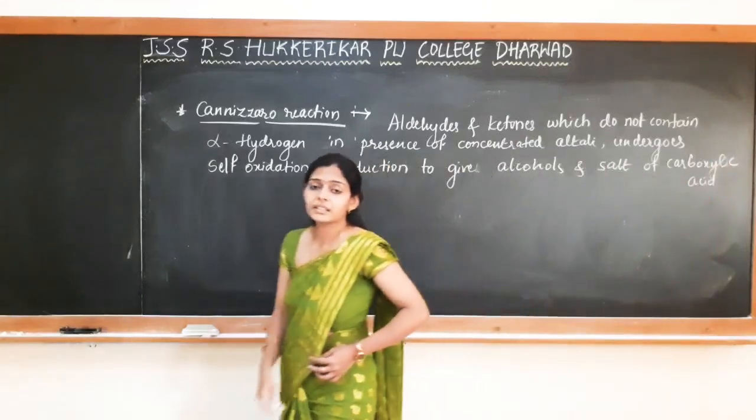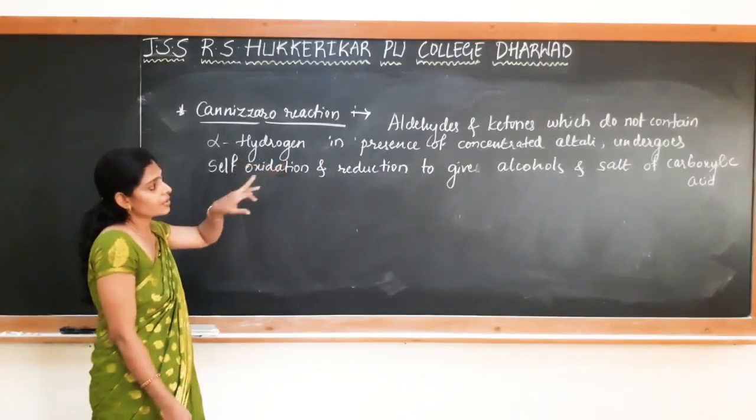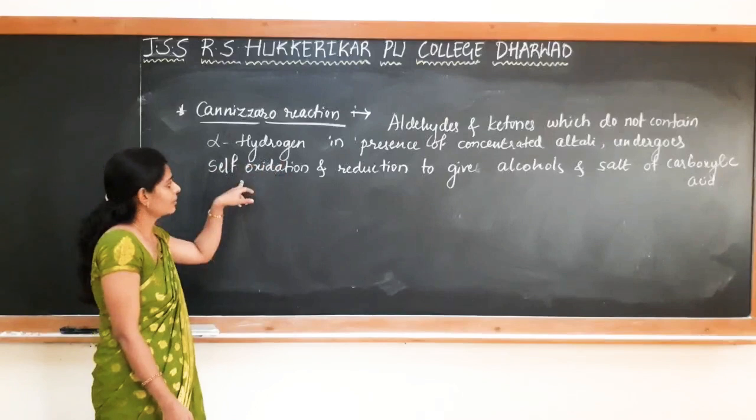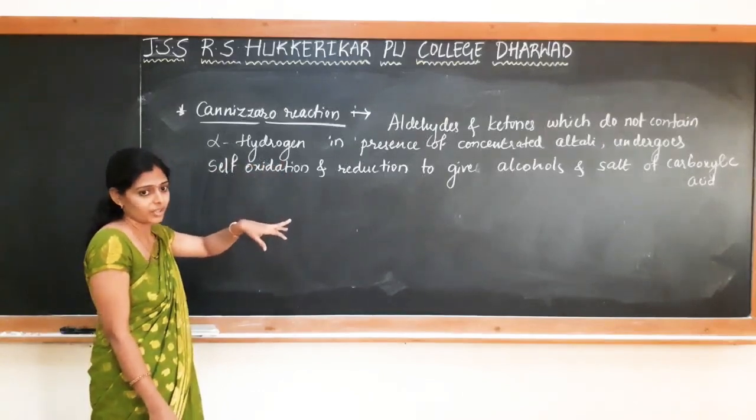So aldehydes and ketones which do not have alpha hydrogen atom, in presence of concentrated alkali, undergo self-oxidation and reduction. It's a disproportionation reaction.